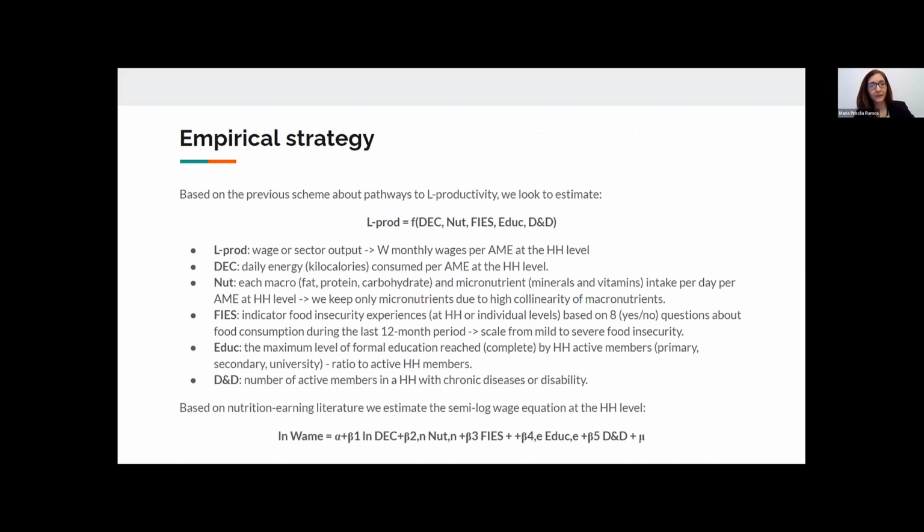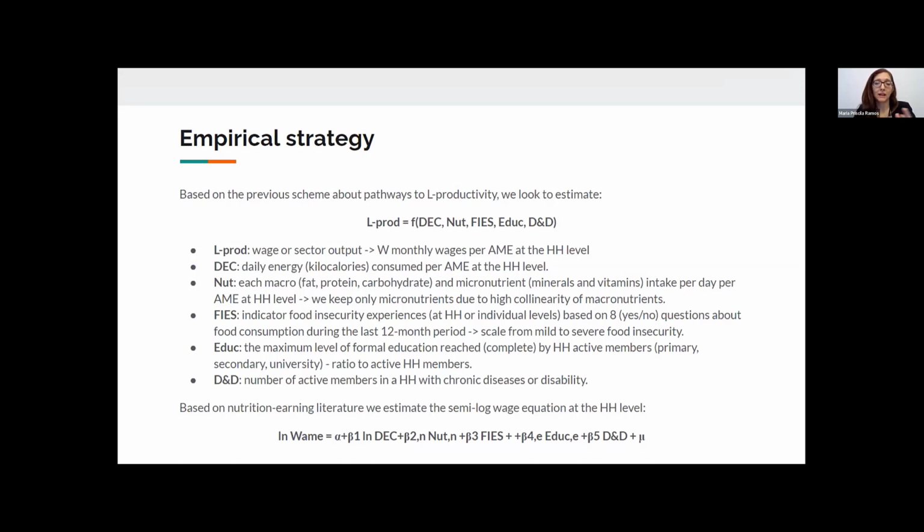So our empirical strategy will focus on estimating the impact of traditional variables such as education, diseases and disability in a household on labor productivity, but also, particularly, of other food security and nutrition indicators, that is, daily energy consumption, these calories per day, and the FIES, which is an indicator of food insecurity experience at the household level, in the case of Kenya, which is based on 8 yes/no questions about food consumption, food access, and the experience eventually of hunger during the last month.